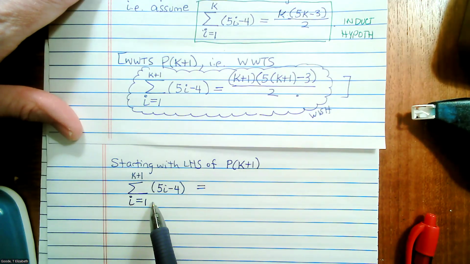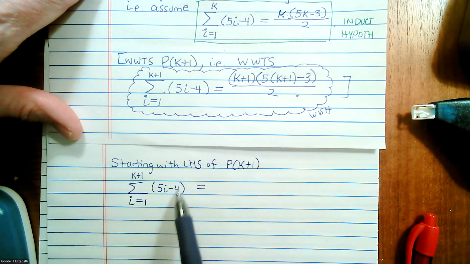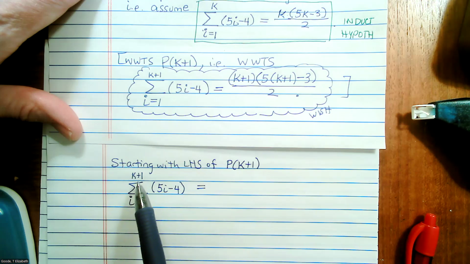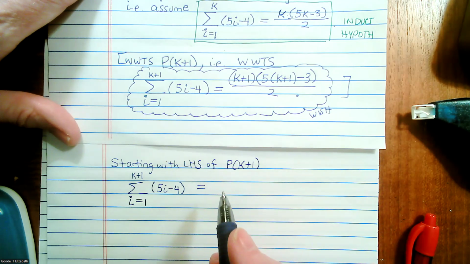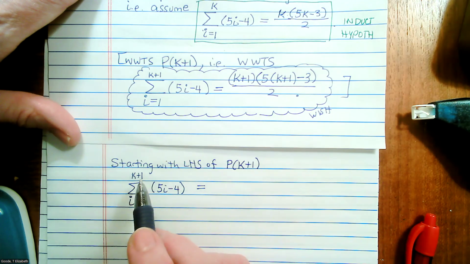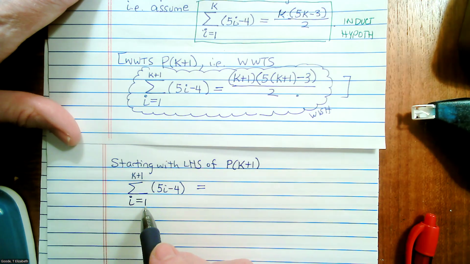What is our algebra trick or tool that we use to rewrite this sum from i equals 1 to k plus 1? This is an important step. If you can't do this, breaking off the k plus first term, you're going to have some trouble.